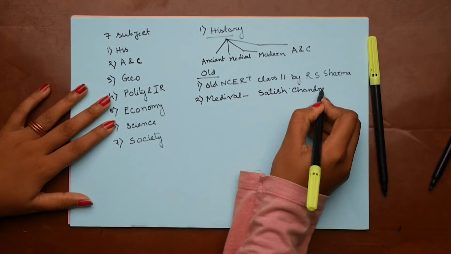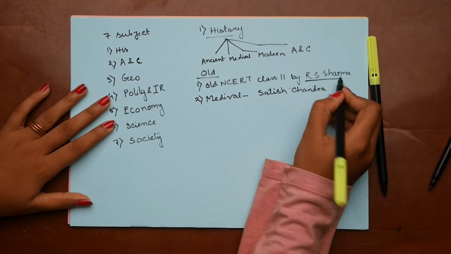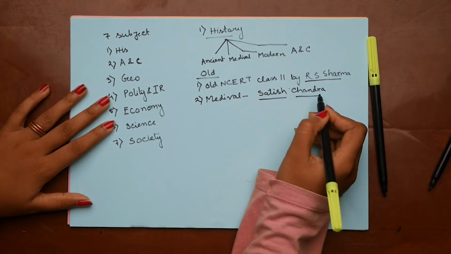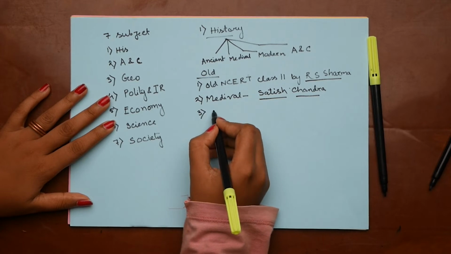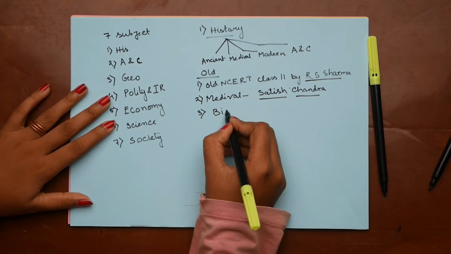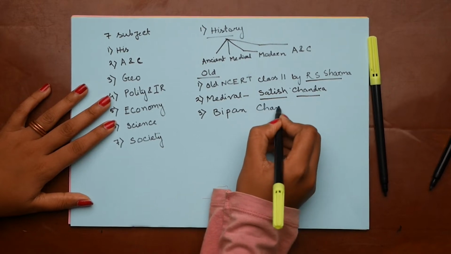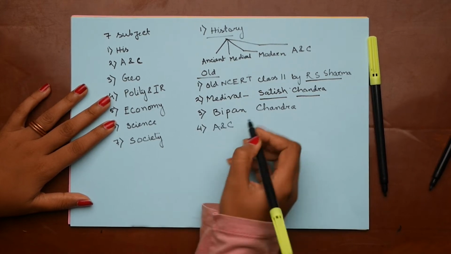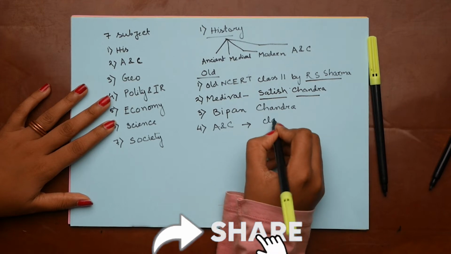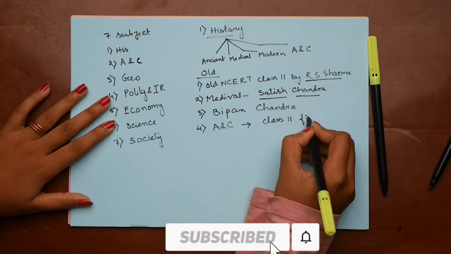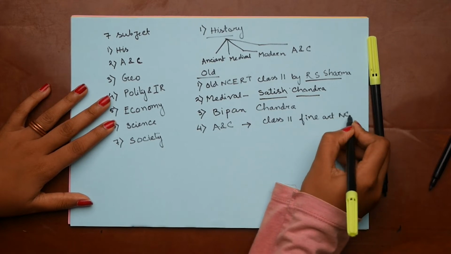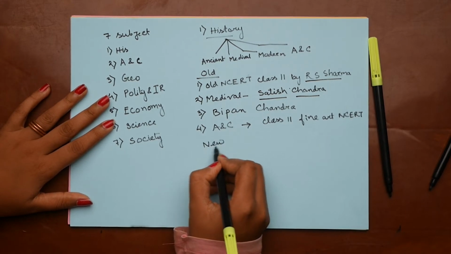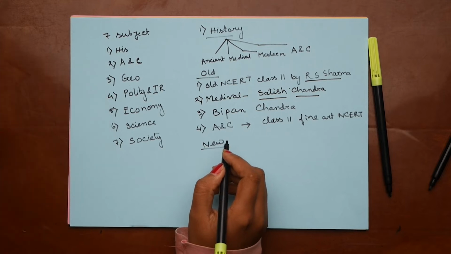So please do remember, for ancient it is by R.S. Sharma, for medieval it is by Satish Chandra. Okay. Come back to modern. The writer's name is Bipan Chandra. Then is your art and culture. For that you have to follow the class 11 Fine Art NCERT. Correct?